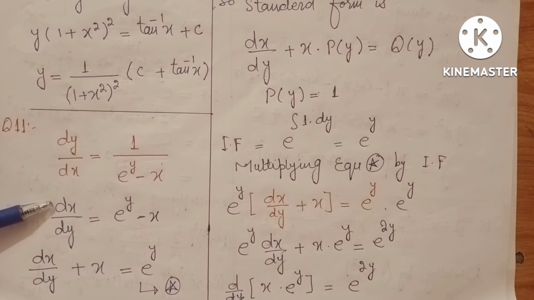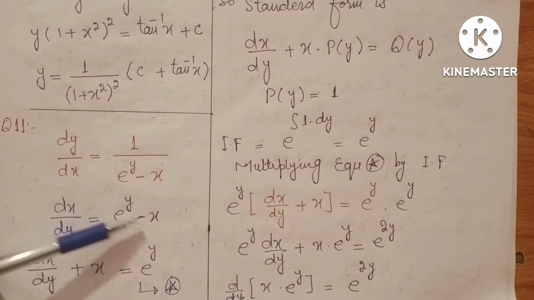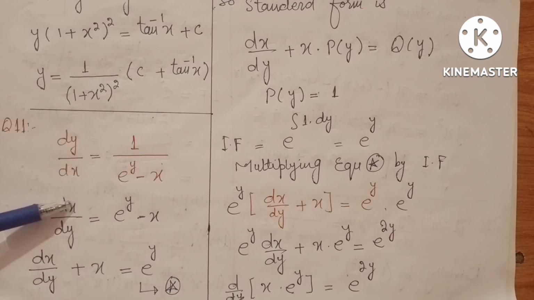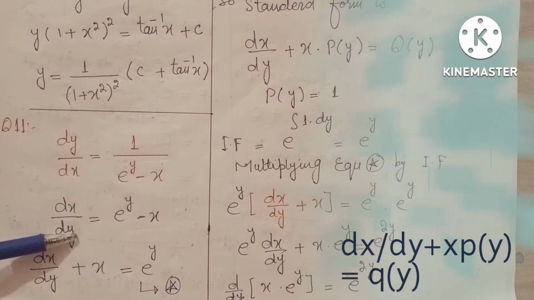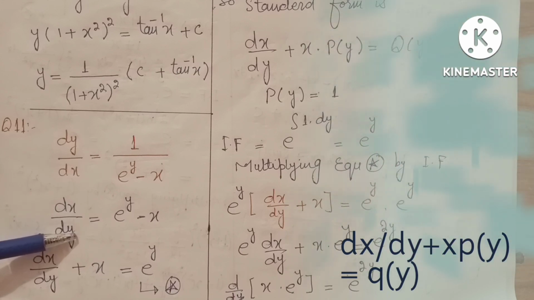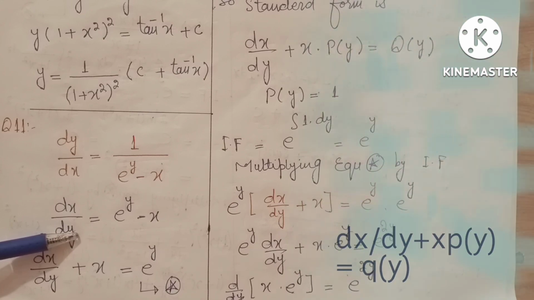We will write this equation as dx over dy is equal to e raised to power y minus x. Now x will be treated as dependent variable and y will be treated as independent variable. Our standard equation will become dx over dy plus x into function of y is equal to function of y also.